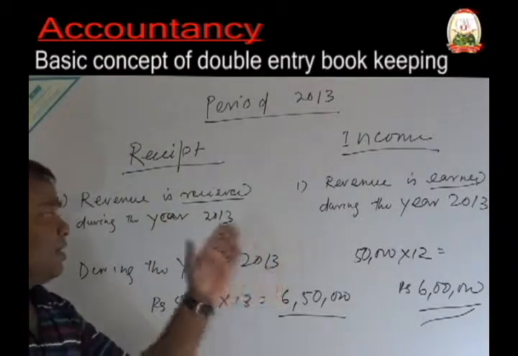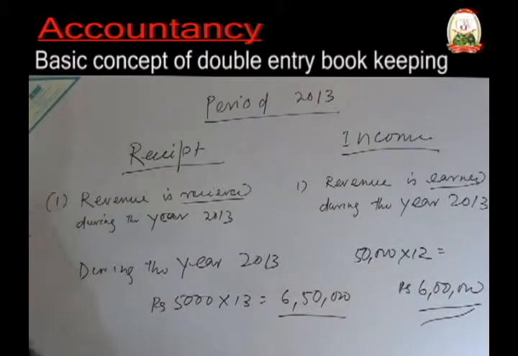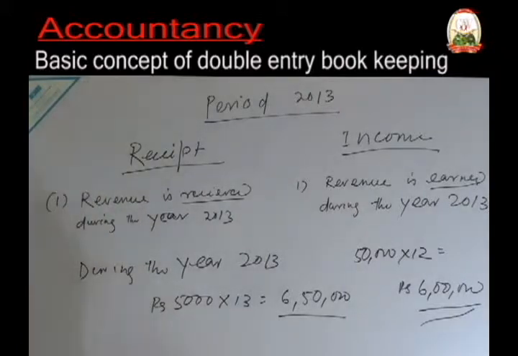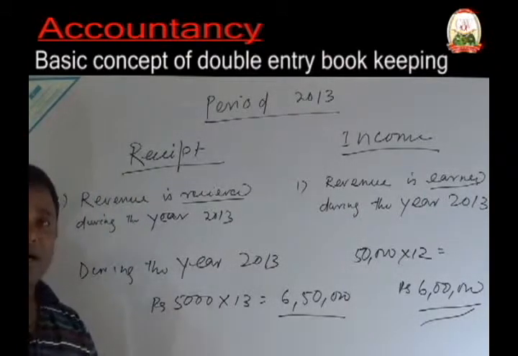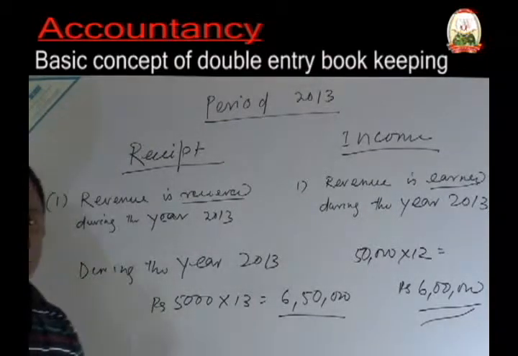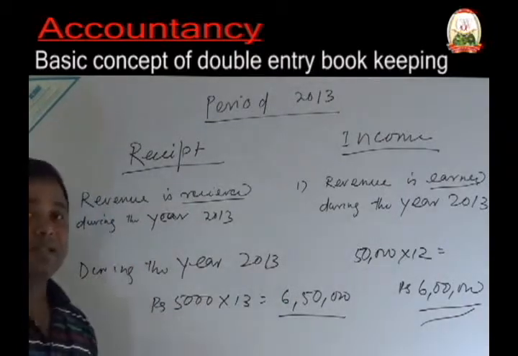The revenue earned during a particular period is 6 lakhs, whereas the revenue received during a particular period is 6,50,000. It is 100% similar to payment and expenditure. So like payment and expenditure, you treat receipt and income in a similar manner.